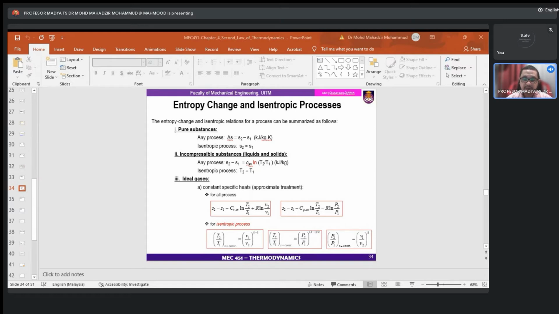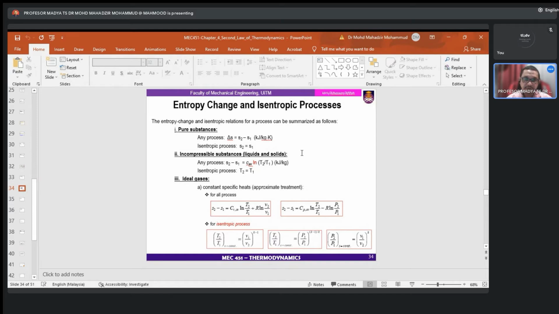So the formula that can be used for any process of change of entropy is S2 minus S1, and for isentropic process, you must know that S at state number 2 is equal to S at state number 1. That's for pure substances.